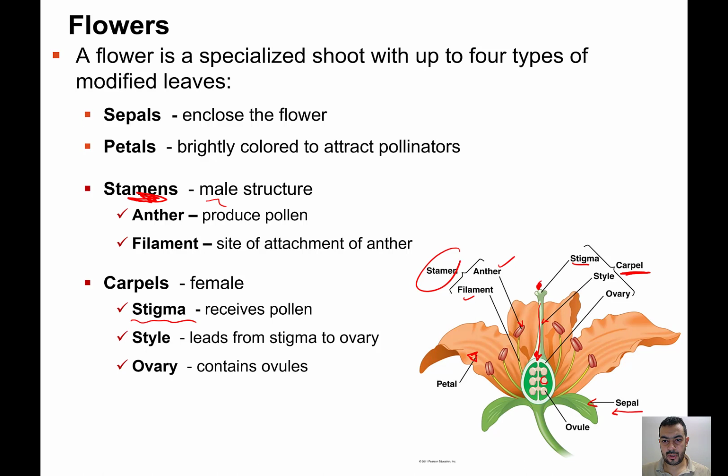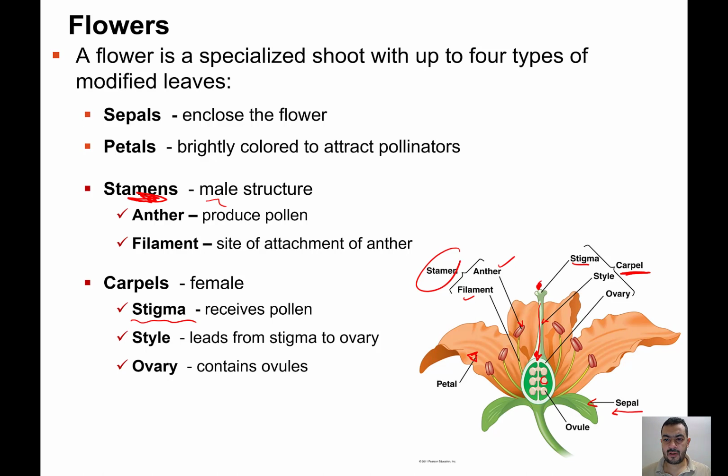One thing I want to highlight here before we move on from the flowers is that in this flower we can see that both male and female organs are contained within the same flower. This is not always the case. Some other flowers are separate, one flower carrying the male organs, another flower carrying the female organs.